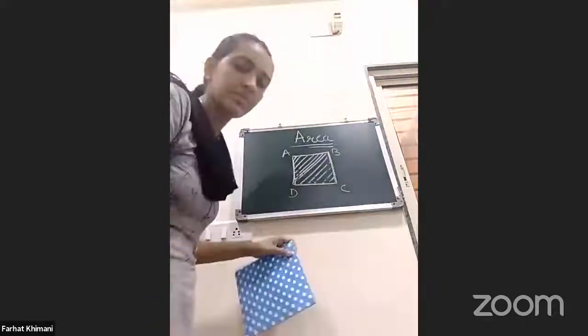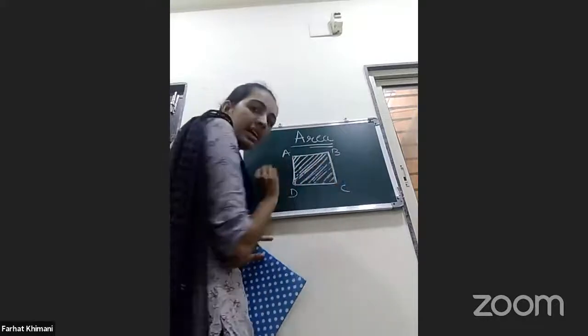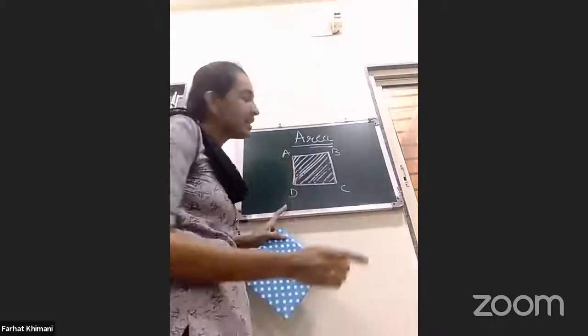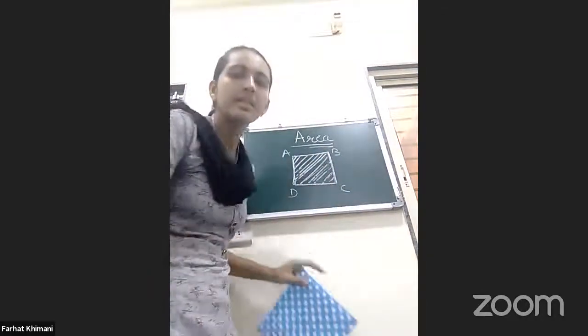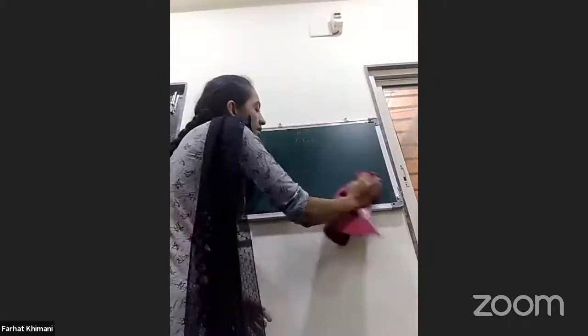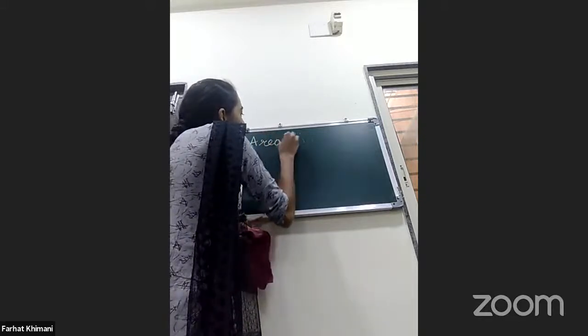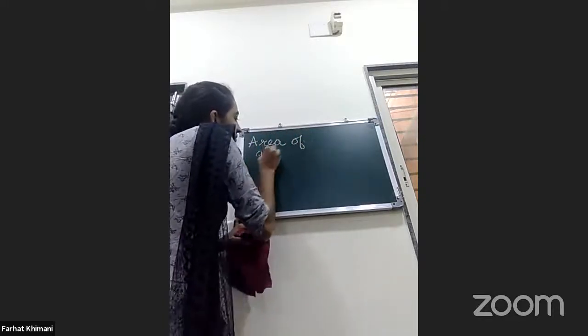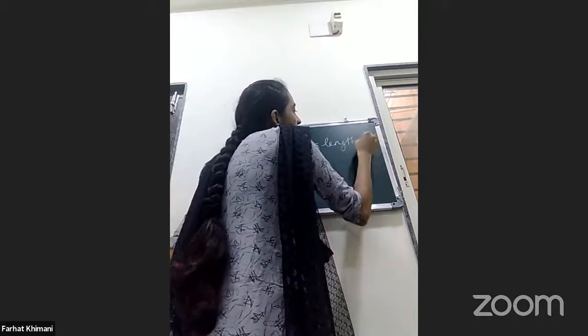Okay, ma'am. So this inner space is called the area. Now how do we find out the area? For a square, the formula for the area of a square is length multiplied by length.